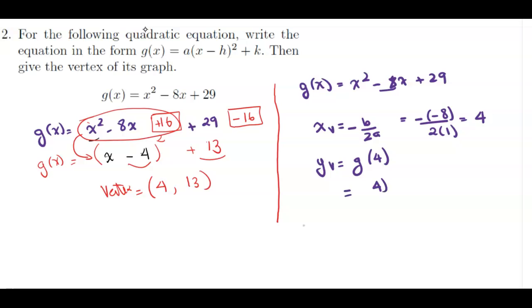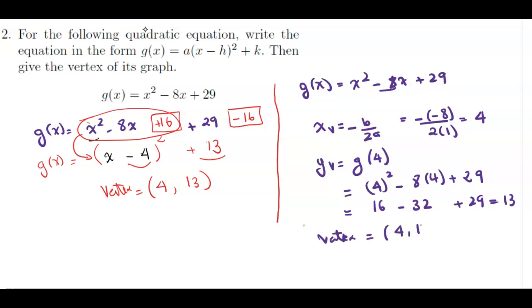So it's going to be 4 squared minus 8 times 4 plus 29. All right. You just have to do the calculation. This is going to be 16 minus 8 times 4, 32. That's going to give you minus 16 plus 29, and this is going to be 13. So I know the vertex equals 4 and 13.